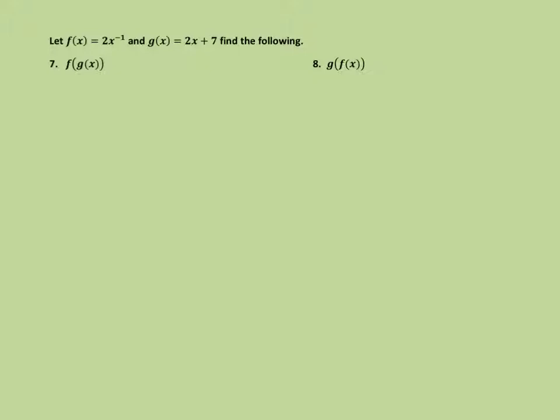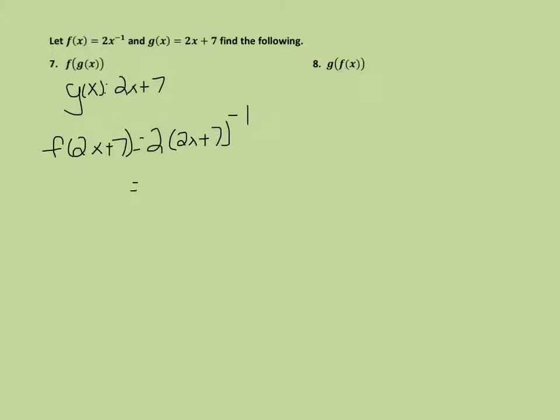Okay? So f of g of x, that means we know g of x equals 2x plus 7. So I substitute that in, watch. Well, that equals 2 times 2x plus 7 to the negative 1. Well, but we want to make that positive. 2 stays up, 2x plus 7 moves down.